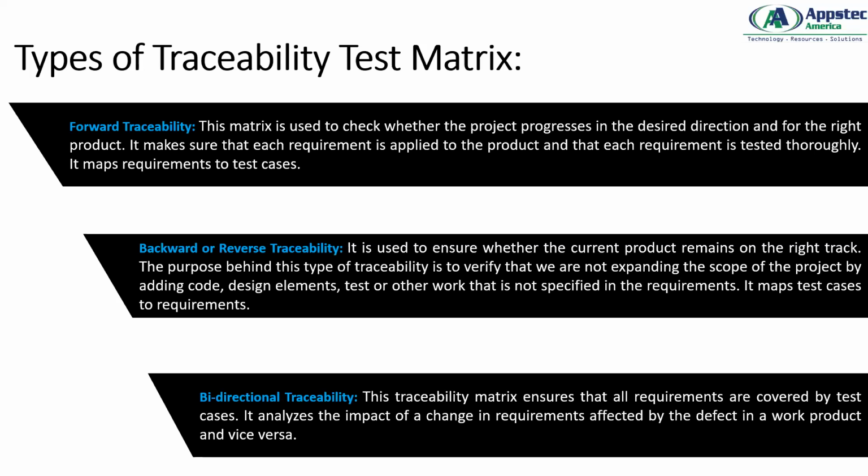Reverse or backward traceability happens only when the project manager thinks we are expanding or deviating from the scope of the project, or some developer has developed something else which is not in alignment with the solution. Then they have to start reviewing what has been developed, from where they have gone wrong, and where exactly changes are required so that it matches the current requirement.